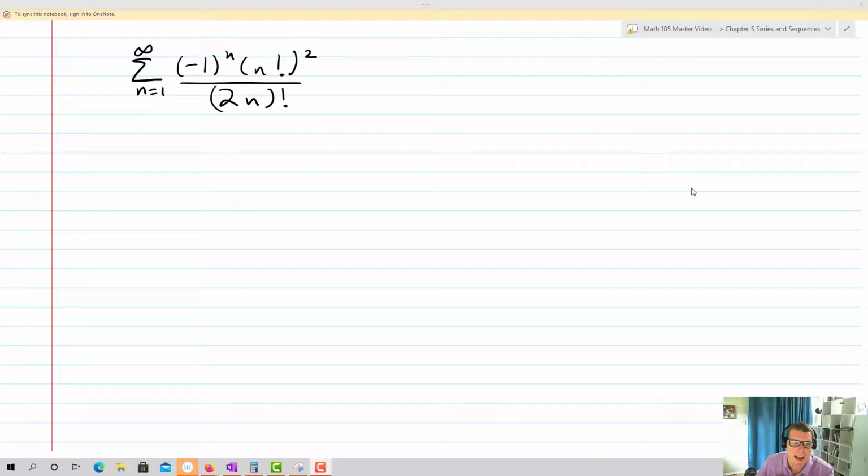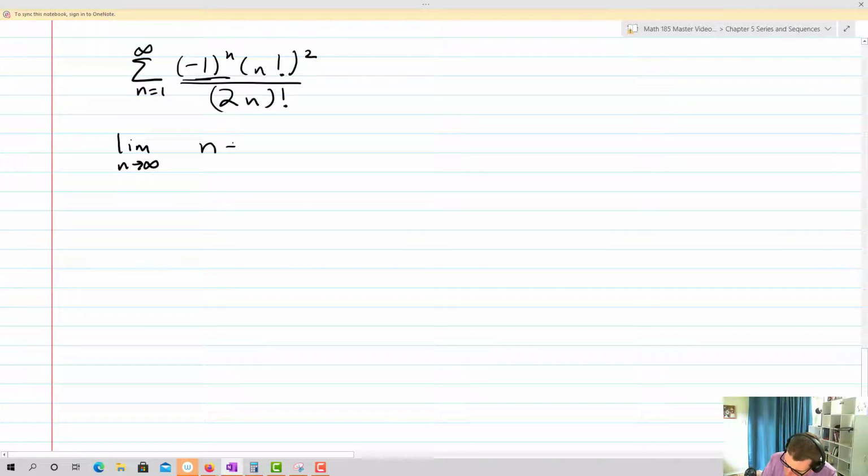Now we've got the sum from n equals 1 up to infinity of (-1)^n times (n!)^2 over (2n)!. And so in this case, we want to know the limit as n approaches infinity, and because we're taking the absolute value, we can actually pull off the (-1)^n, right? Because negative or positive doesn't matter, it'll be both, but we're doing it in absolute value, so it doesn't matter.